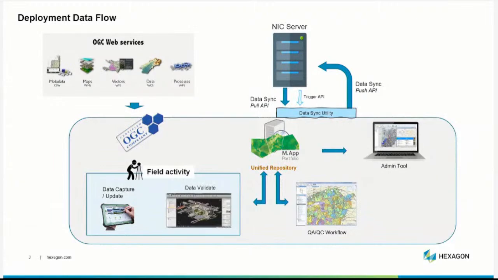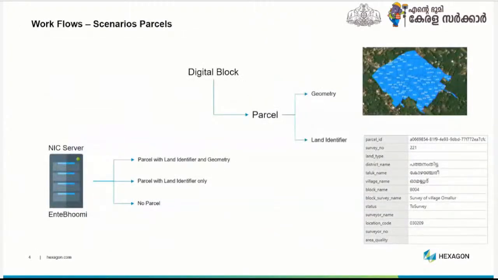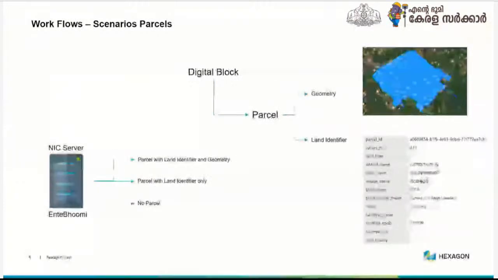Now, we talked about one scenario where we are going to have a block which is going to contain a parcel. The parcel will have geometry and land identifier. Three basic scenarios will come from Ente Bhoomi. You will have a geometry and you will have a land identifier. Second scenario is geometry is not there, but you have information about the parcel.